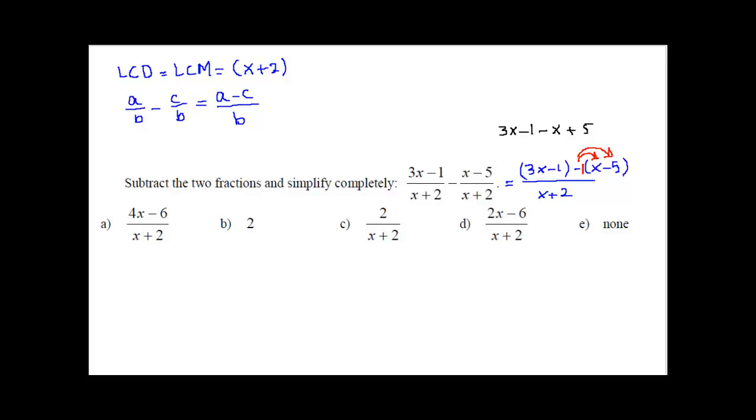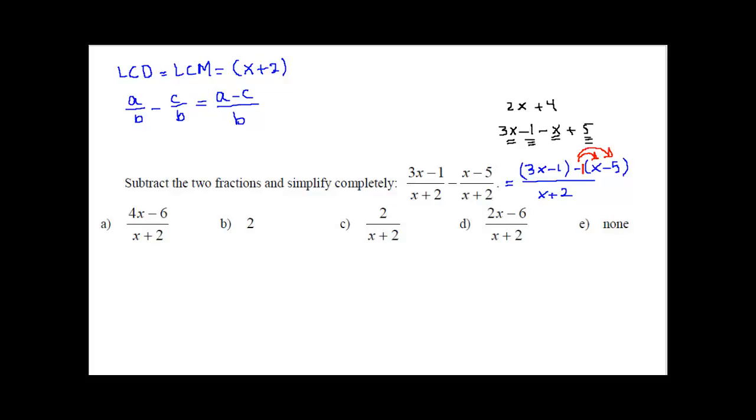So if I combine like terms, I get 3x minus x, that add up to 2x, and then when I add the constants, or the numbers, I would get plus 5 minus 1 would be plus 4.